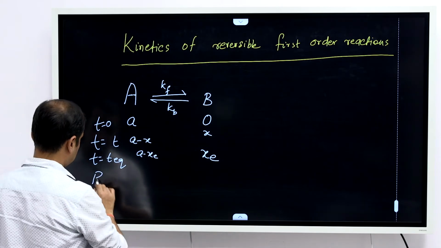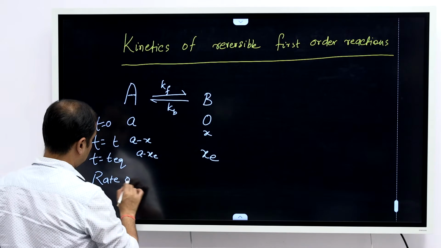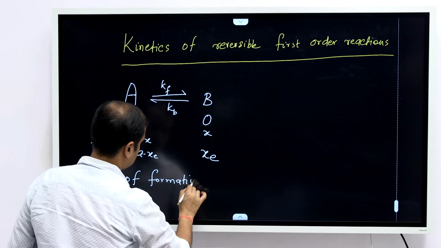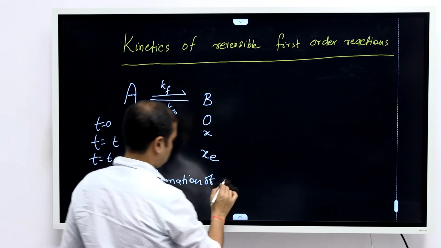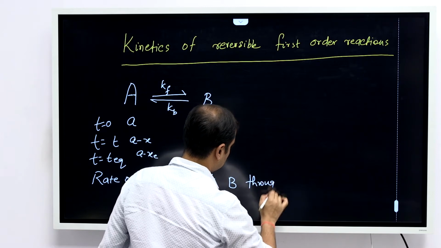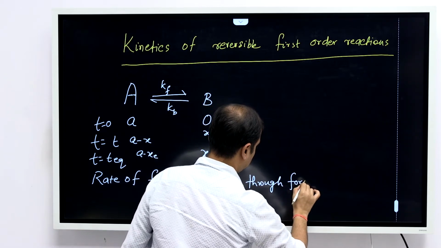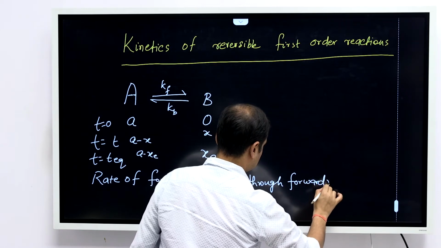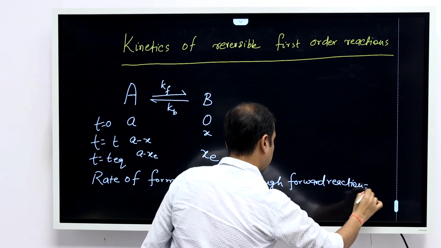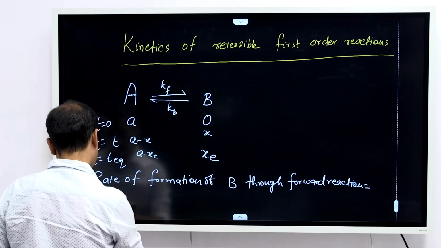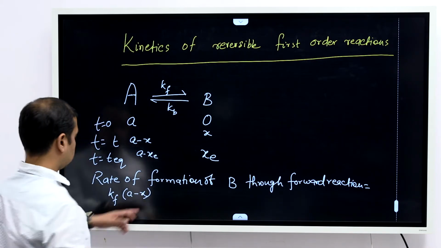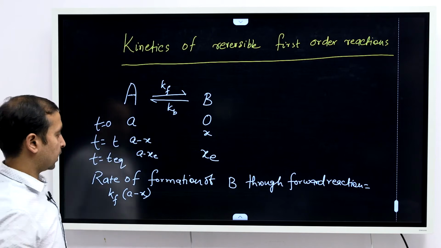So the rate of formation of B through the forward reaction we can write as Kf multiplied by A minus x, which is the concentration of reactant at time t.